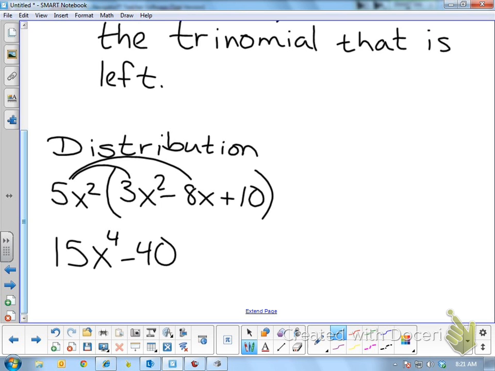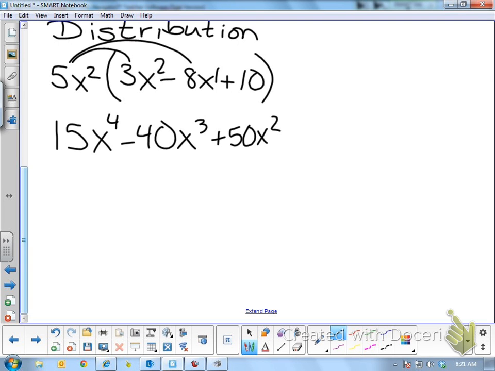Negative 40, x to the third. Because we have 2 here. What's the exponent on just the plain old x? 1. So 2 plus 1 is 3. And then we multiply again. 5x squared times 10. 50x squared.